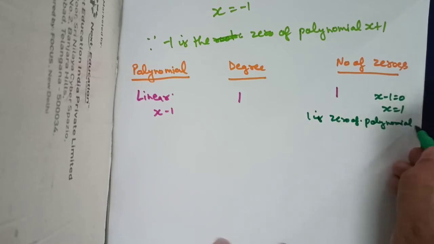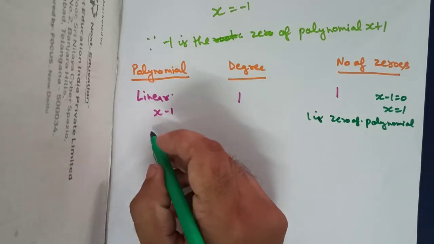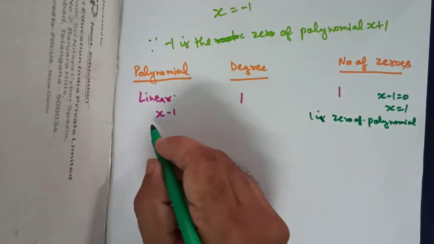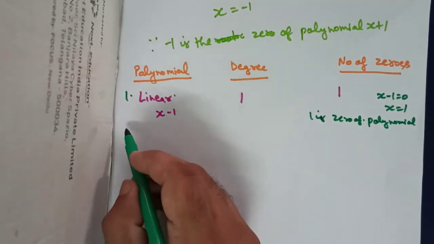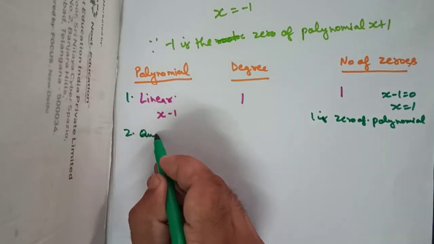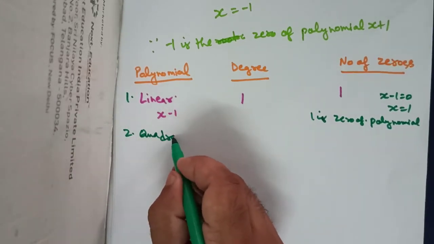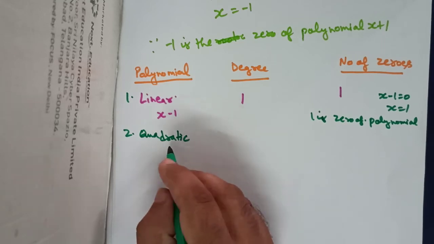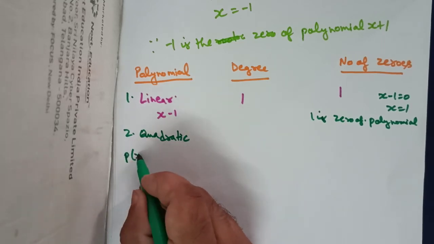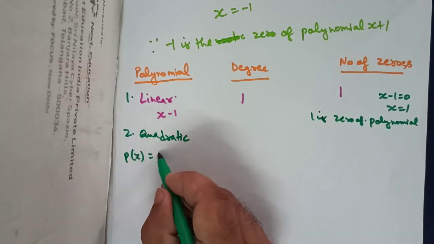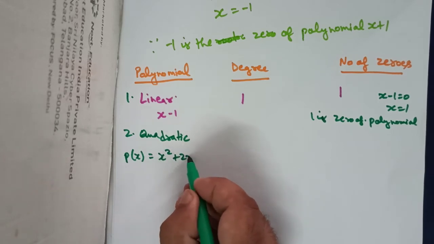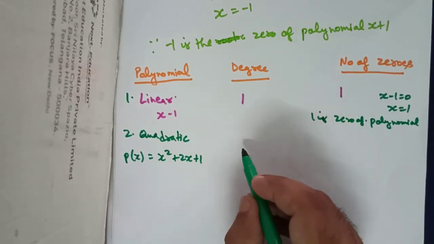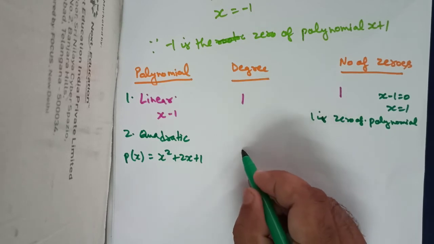Okay. Now if we take another polynomial, let's take an example of a quadratic polynomial, that is x square plus 2x plus 1. Here what is the degree? The highest power of the variable is 2.